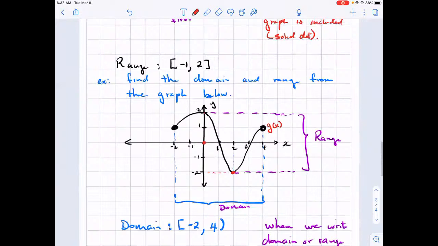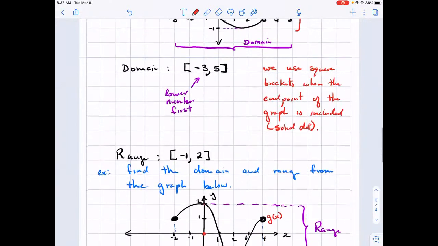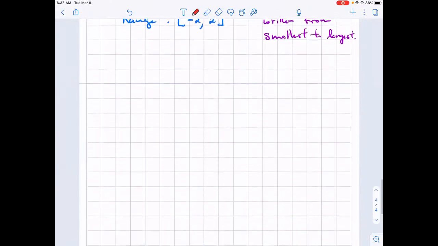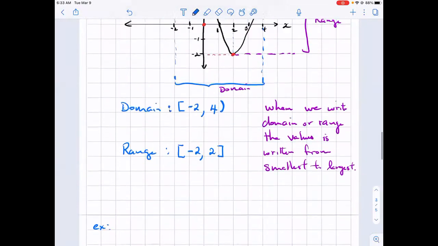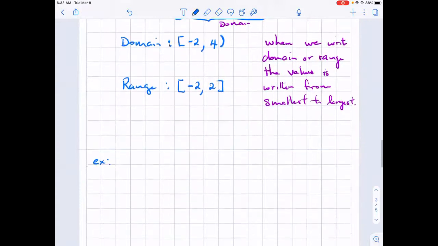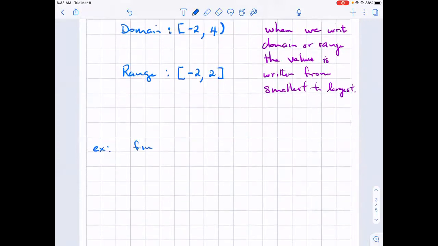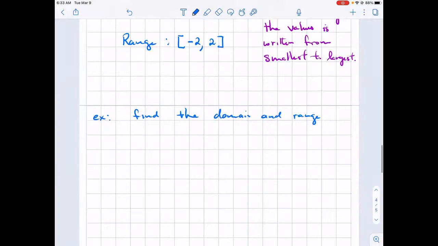Let's look at one more example. Let's look at another example. So example, find the domain and range from the graph below.